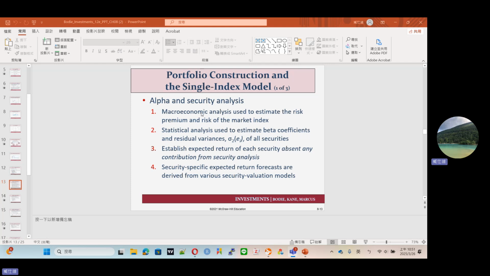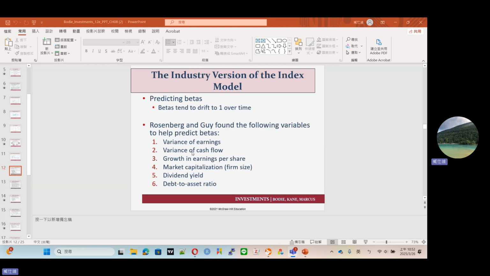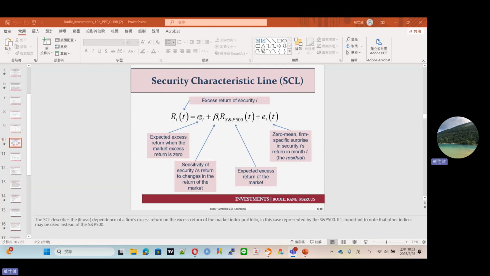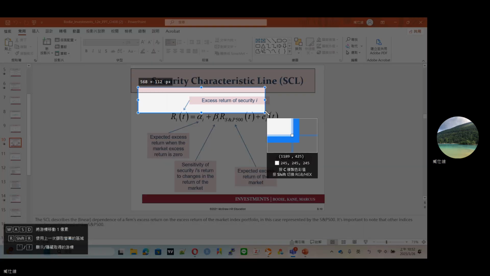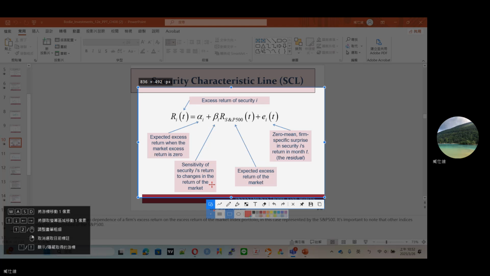Okay, other issues, like we also have alpha. So what is alpha here? Let's go back to the equation here. Alpha refers to expected excess return when the market excess return is 0.